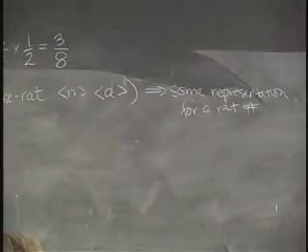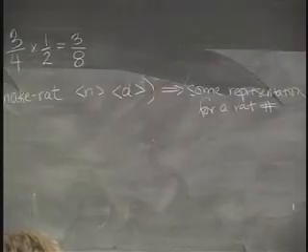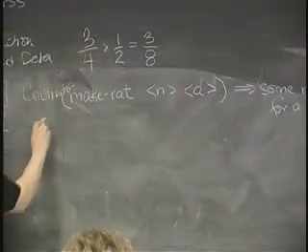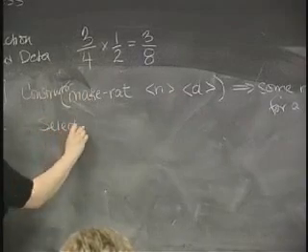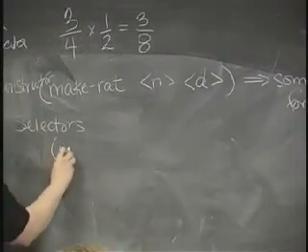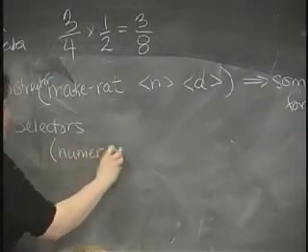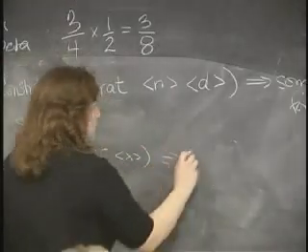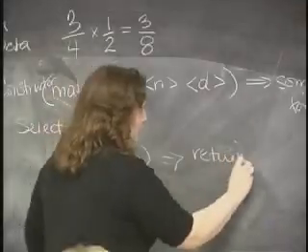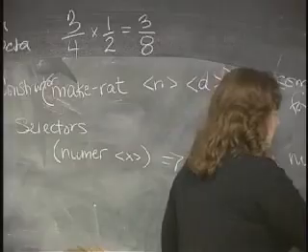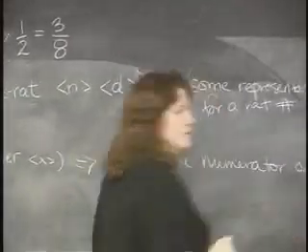Now, if we have this constructor, we're also going to need something called selectors. So this is the constructor. This is how we build it up. We need selectors, something to get the pieces out. In this case, we're going to have a selector called numer, which will return the numerator of x, assuming that x is a rational number built up by makeRat.